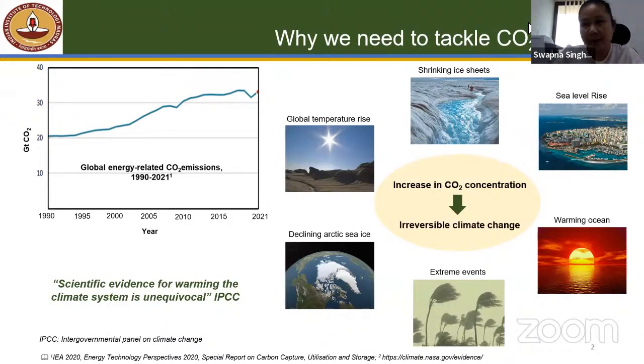So with the development of the countries, the energy CO2 emission is also increasing.